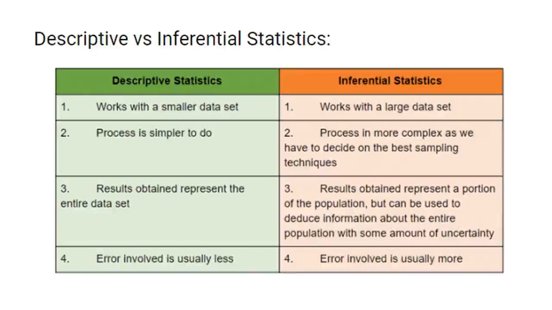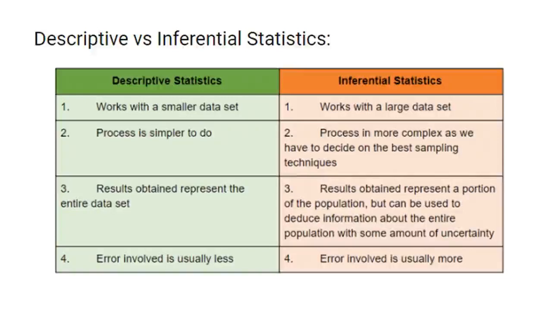Third, under descriptive statistics, the results obtained represent the entire data set, while under inferential statistics, the results obtained represent a portion of the population, but can be used to deduce information about the entire population with some amount of uncertainty.